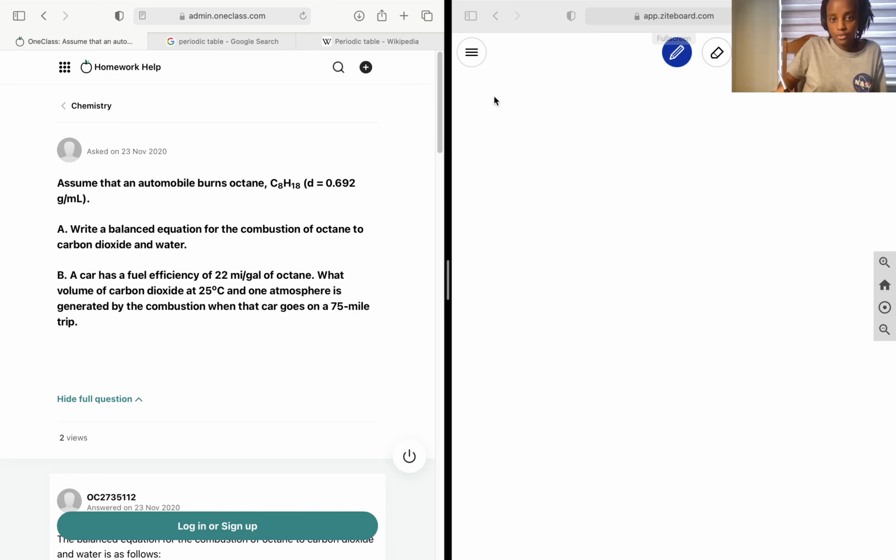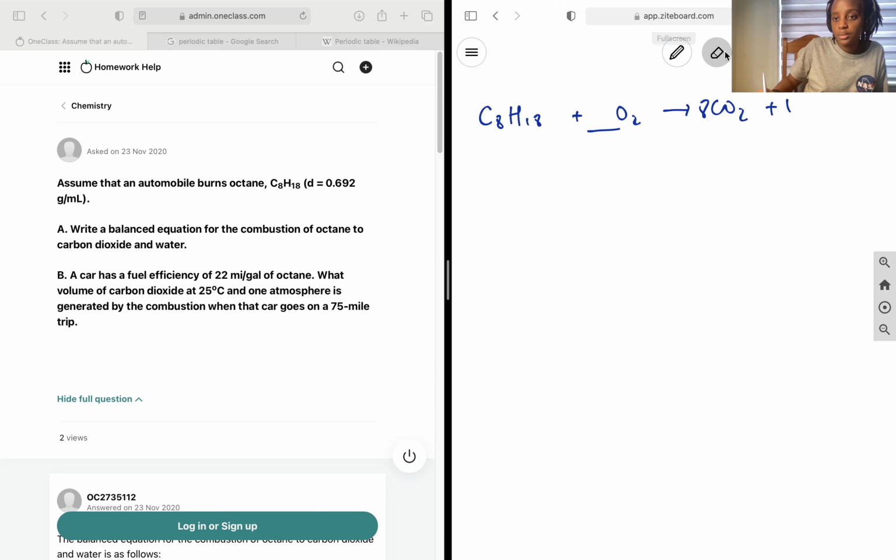Okay, so let us begin with the first question. We have C8H18 plus some number of O2 is going to give us 8 CO2, so we want to balance the carbon first, and we want to balance the hydrogens too, so that's going to be 9 H2O, and then we balance the oxygens, so this is going to be 16 O plus 9 O, that's 25 of them, so we're going to need 25 over 2 O2.